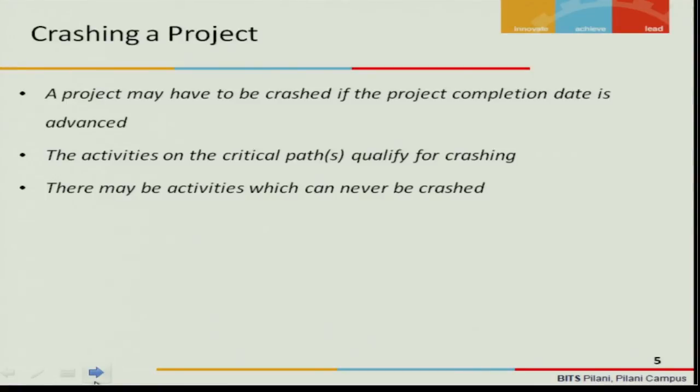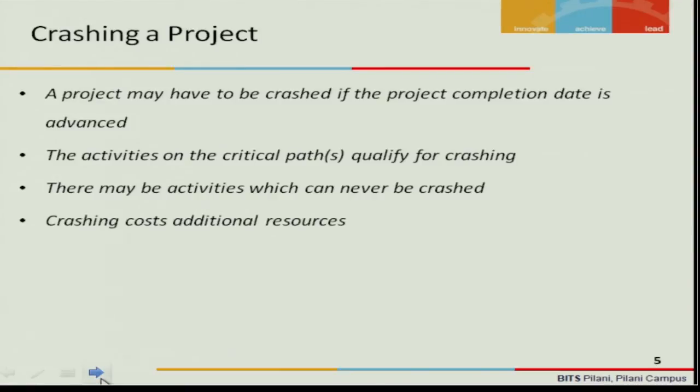So there are certain activities, though they are falling in the critical path, you cannot crash them because of their nature. Such activities you cannot do anything about, so you have to just ignore them. You need to only identify the activities which fall on the critical path and that can be crashed even by spending additional resource.